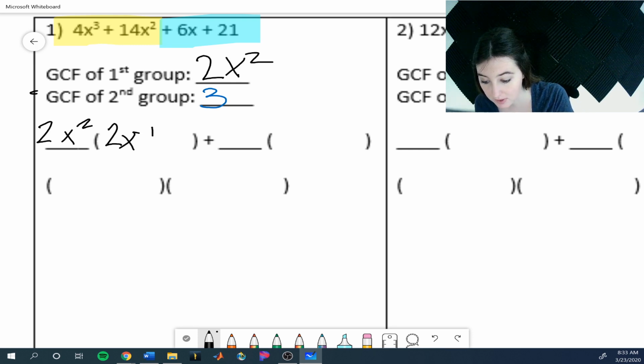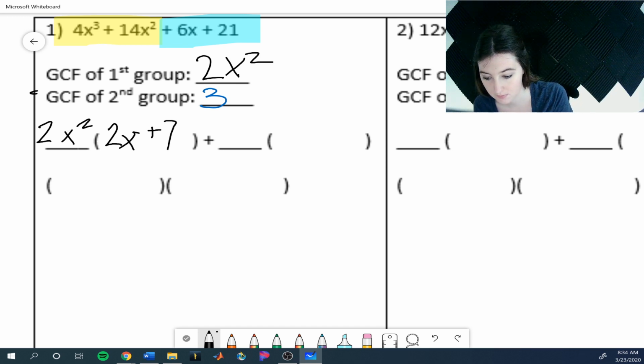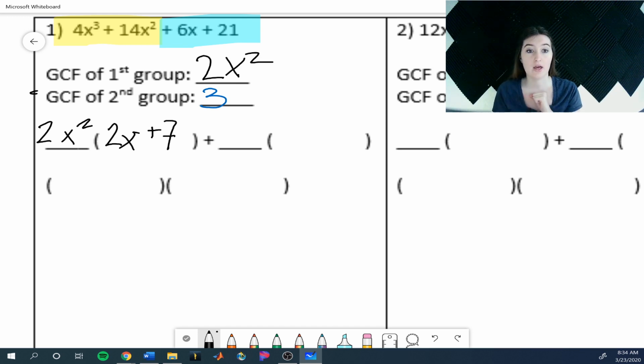I keep my plus sign. 14 divided by 2 is 7. X squared, I'm taking away x squared. So x squared, take away, do I have any x's? So I have 2x plus 7.